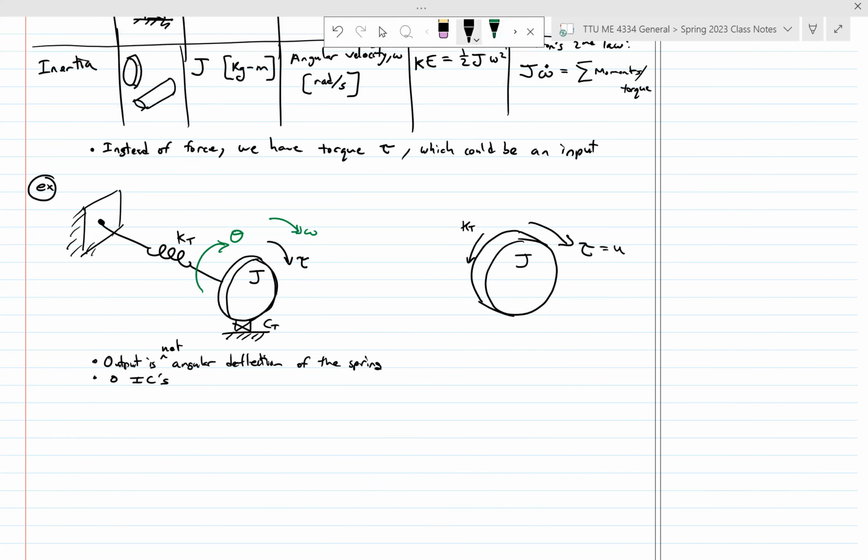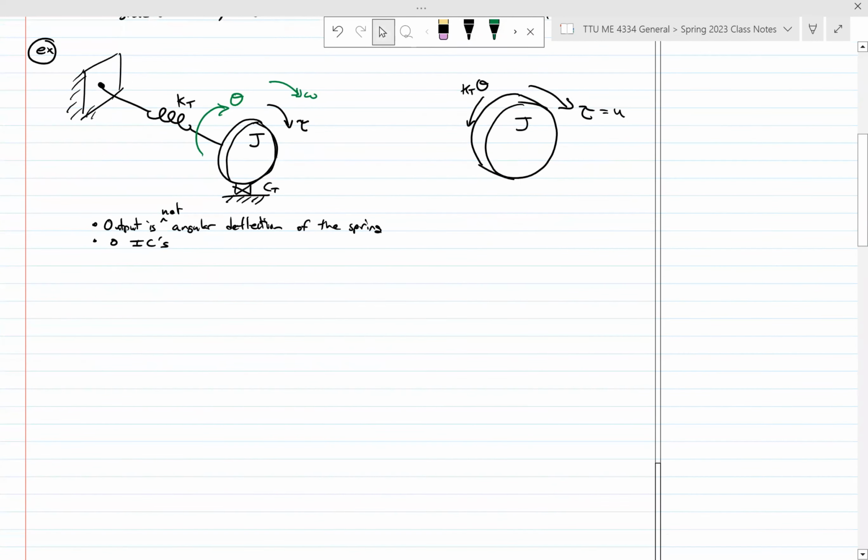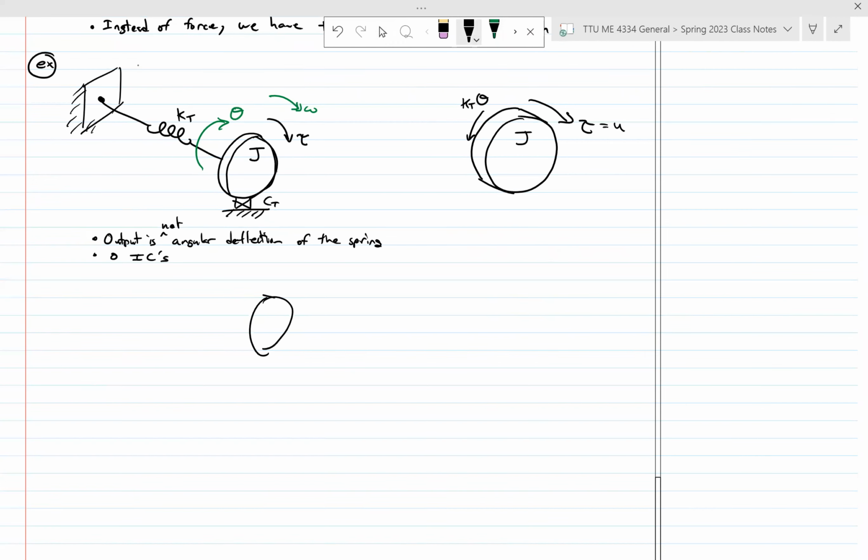Does being consistent mean the direction of theta has to be the same direction as omega? I would recommend theta and omega be in the same direction if possible, but that's not always going to be possible. One example: we have an inertia, I have a spring here and a spring here, and then I have a torque going this way and another torque going this way.